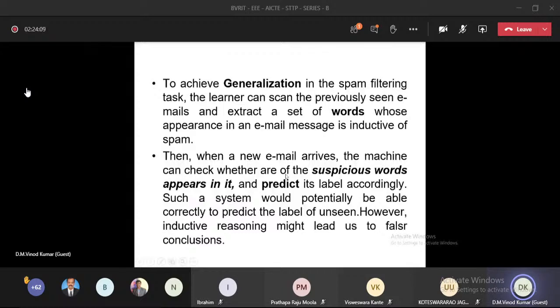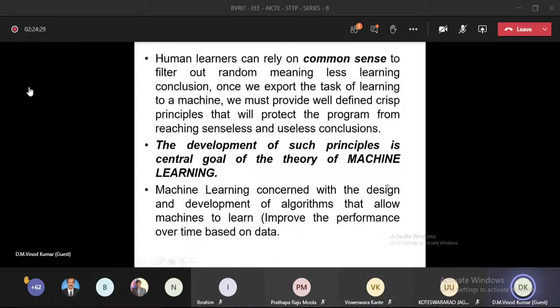Because we are trained, if these words are there, it is a spam mail. Otherwise, it is a regular mail. If the suspicious words are there, it will predict the label as spam. If those words are missing, it is a regular mail. Such a system would potentially be able to correctly predict the label of unseen emails.